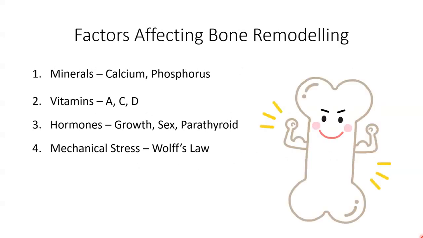So normal bone metabolism, which includes growth in children and bone remodeling in adults, depends on several factors. These include the adequate dietary intake of minerals and vitamins, sufficient levels of several hormones, and the presence or absence of mechanical stress.